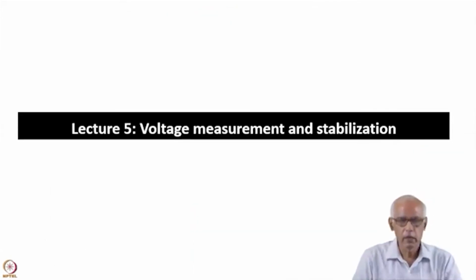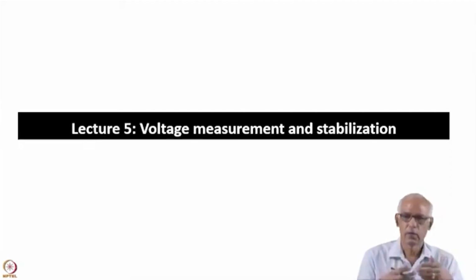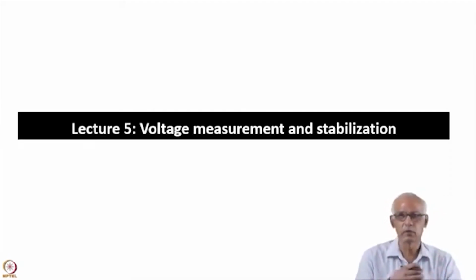Now today we are going to discuss lecture number 5, which is voltage measurement and stabilization. Now in earlier lectures I have talked about how the voltage is generated in the case of tandem or Van de Graaff, but this has to be measured, and this has to be measured accurately.